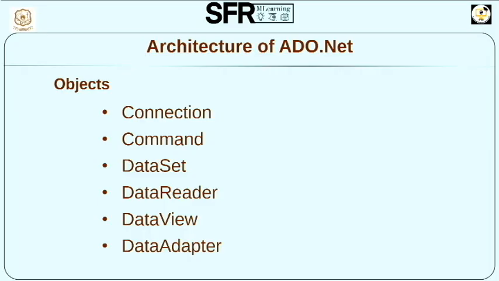The third one is the data reader, which is a read-only and forward-only view of data, compared to the ADO recordset. The next is the dataset. It is the main object for database access. Data view gives a filtered view of the dataset. Data adapter initializes the dataset tables.